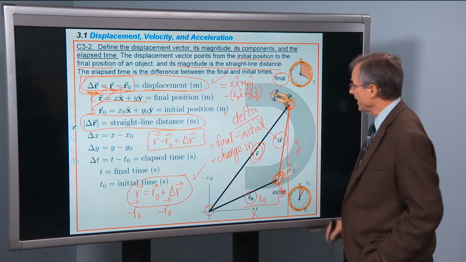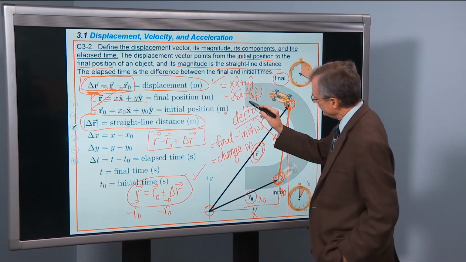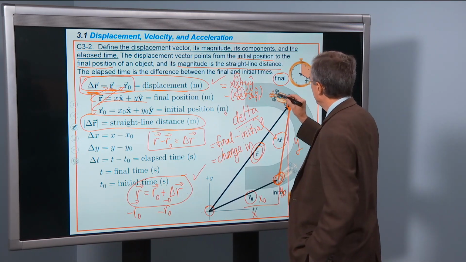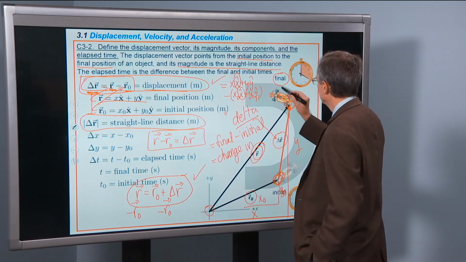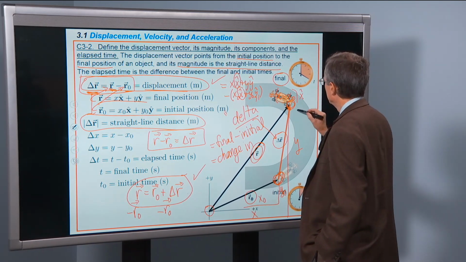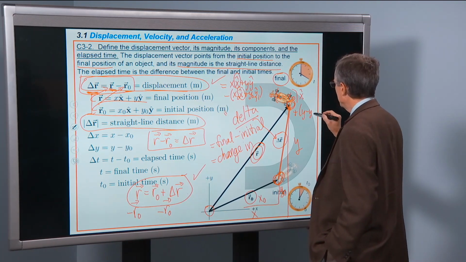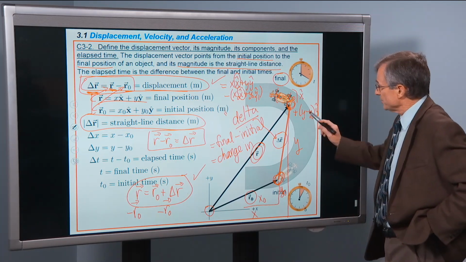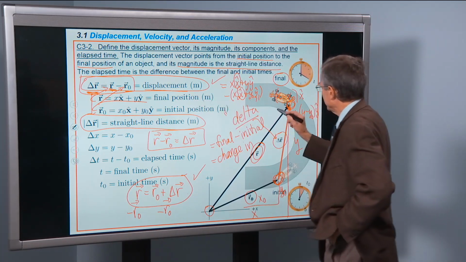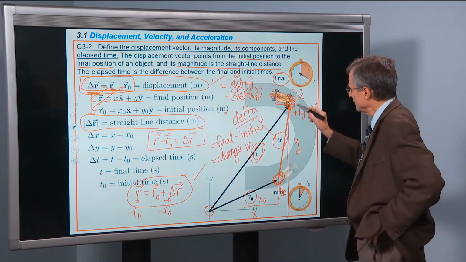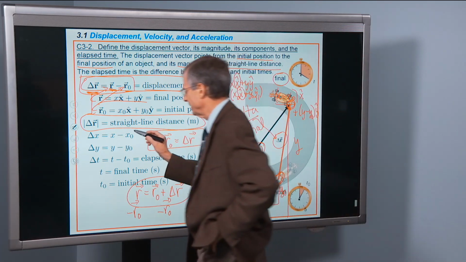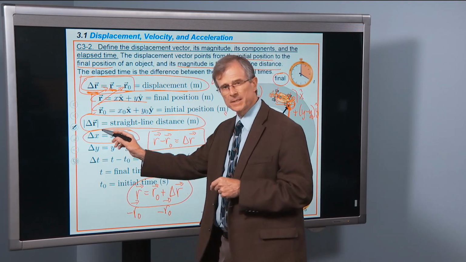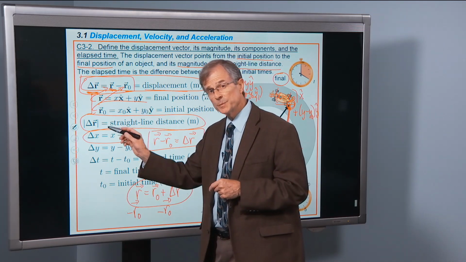All right, and that says that if we put the terms together that involve x hat, we'll have x minus x naught times x hat plus y minus y naught y hat. Well, that just says then that the change in x is x minus x naught. So this is the x component of the displacement vector.